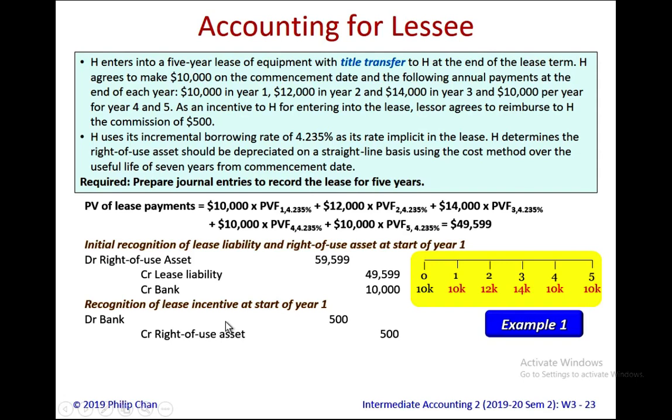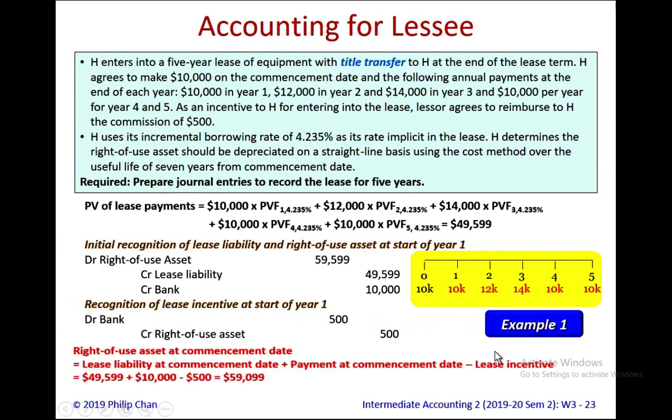But then the lease incentive that you receive at the beginning of year 1, which means T0, would be debit bank, right? $500 money received from the lessor, and then credit right of use asset. Now, before we continue, let's summarize the initial value of the right of use asset.